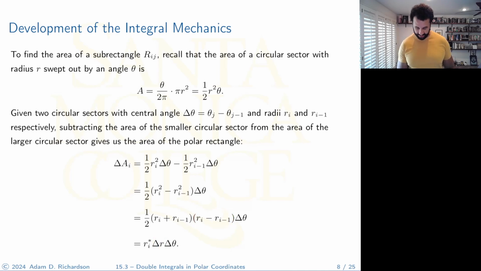And then this right here is quite literally the midpoint of that polar rectangle, so it's r sub i star. Or maybe I should say the midpoint of the line segment between the two radii. There you go. So how are we computing the area of one of these? It's like this. That's what the area is.